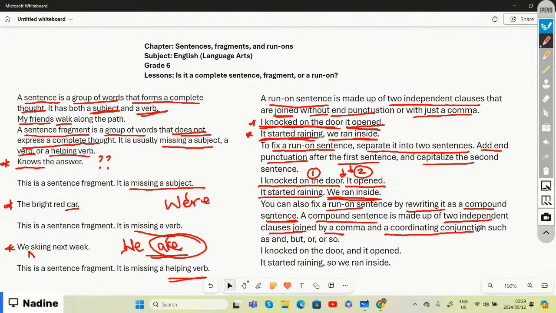and a coordinating conjunction. So, comma, coordinating conjunction. And our coordinating conjunctions are words like and, but, or, so. So our compound sentence is made up of two independent clauses that we now join together. And once we join them, we first write the comma and then our coordinating conjunction. That is what we use to join the two sentences to make one completed sentence.